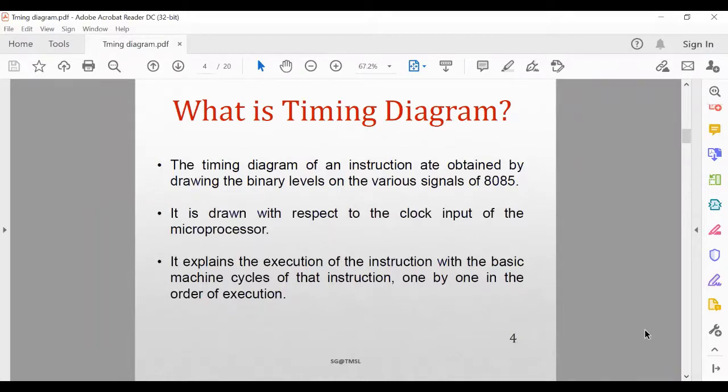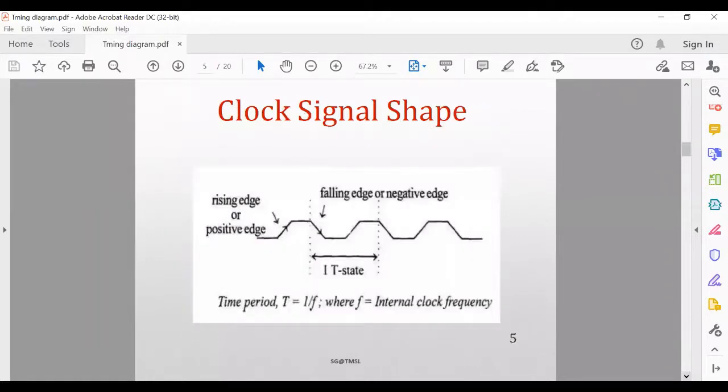It explains the execution of the instruction using the basic machine cycles of that instruction. So we need to be familiar with certain terms related to the timing diagram, like T states, machine cycles, and instruction cycles.